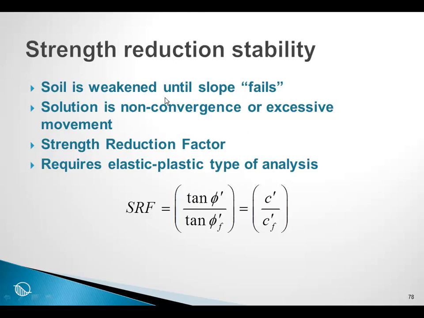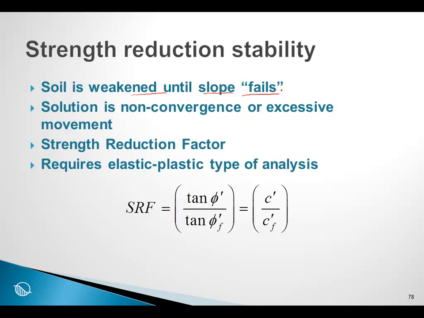The soil is weakened until the slope "fails." Notice that fails is in quotation marks. The problem is that it is not easy to define what failure means, but generally the thinking is that failure has been achieved when the solution is non-converged, or it is impossible to get a converged solution, or the movement has become excessive.